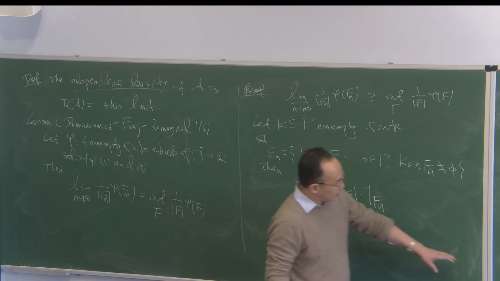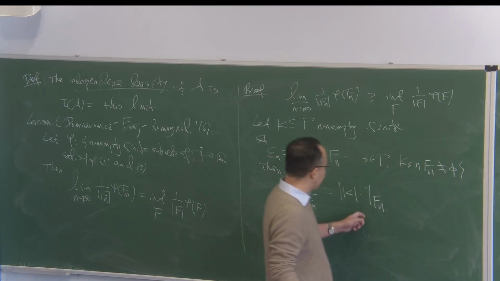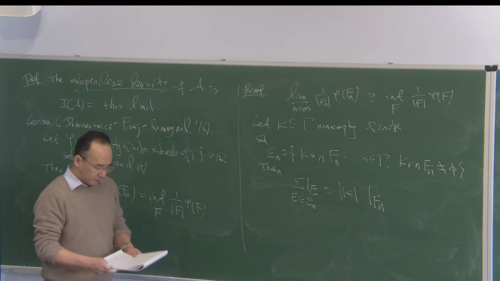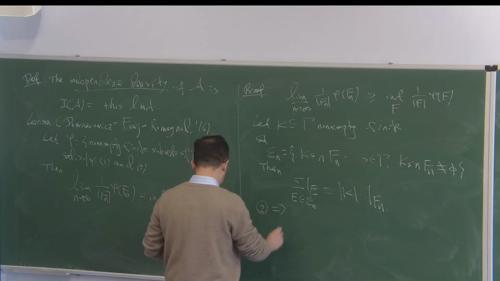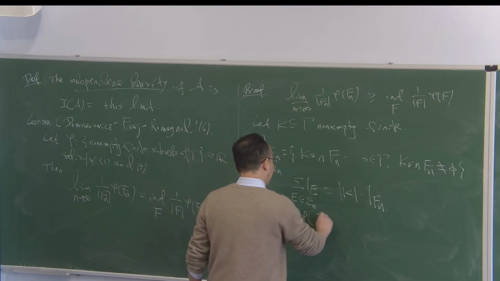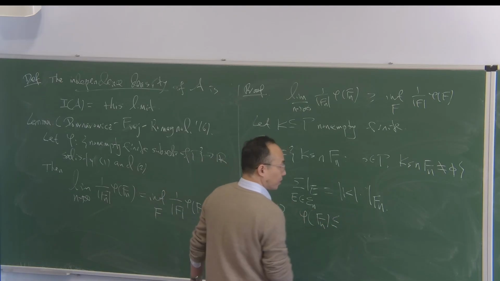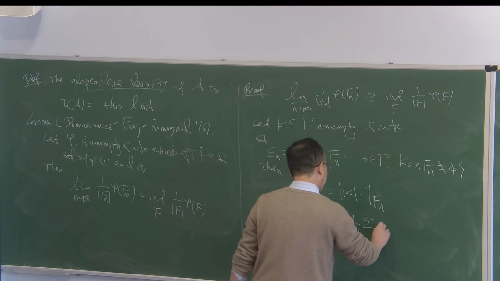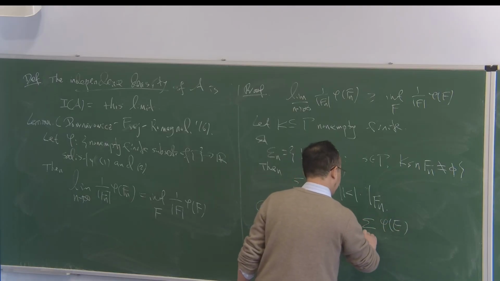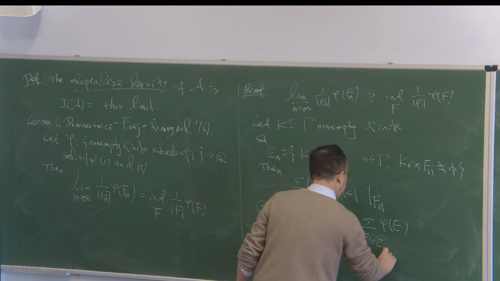So then we are in a situation with m equal to the size of K. So condition 2 implies that phi of Fn will be at most the size of K divided by m times the sum of phi of E, where E is in this family.